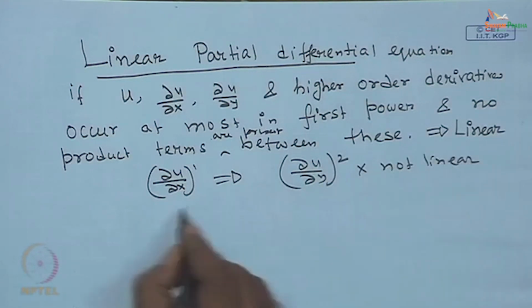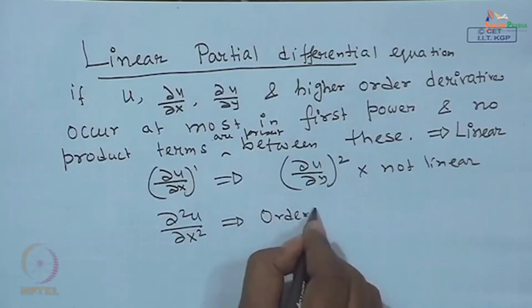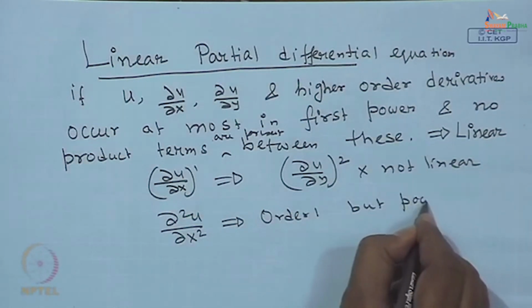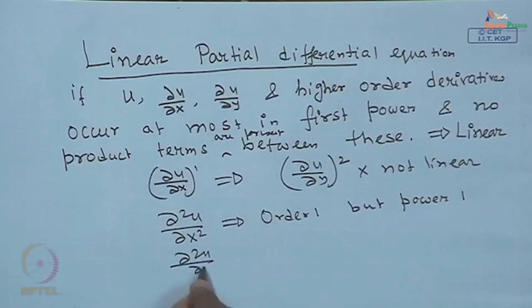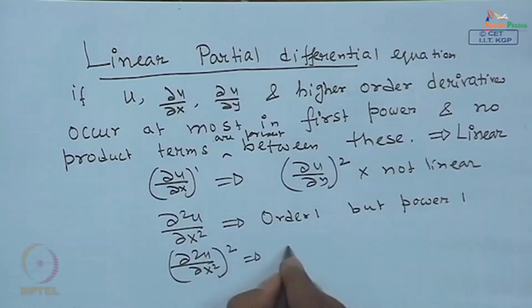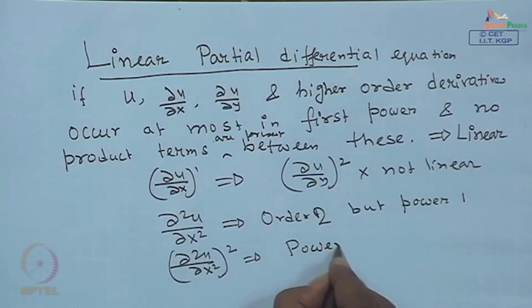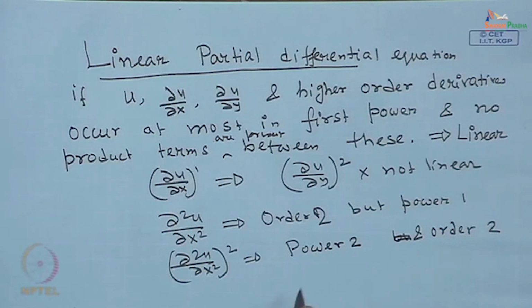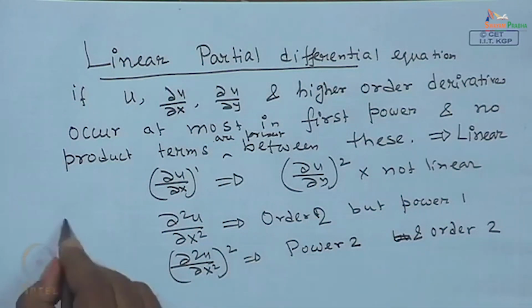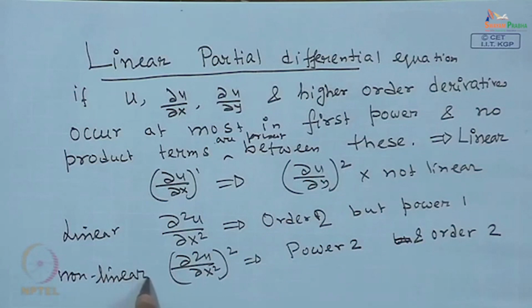If we have a term del square u del x square, this is of order 2 but power 1, so this is linear. But if it is squared, it will be order 2 but power 2, so this is non-linear.